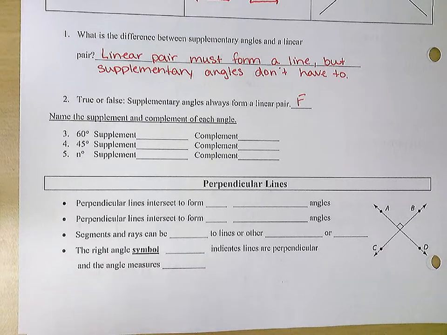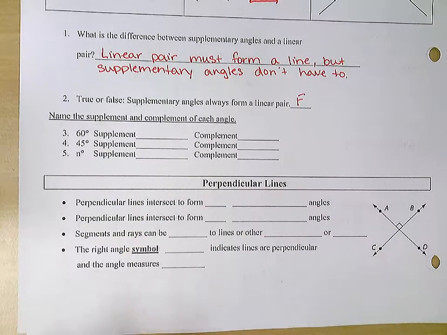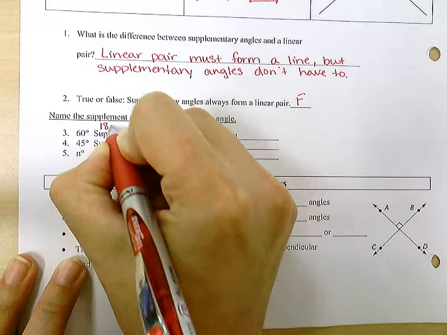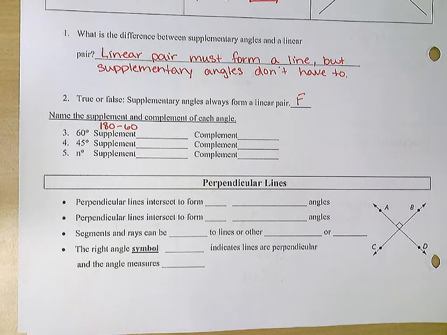For 3, 4, and 5, we're using the supplement and complement of a given angle. So number 3, we're given the angle is 60 degrees, and we want to find its supplement, meaning we want to find what angle to add to that to make it 180. So all I would have to do is take 180 minus the angle I was already given.